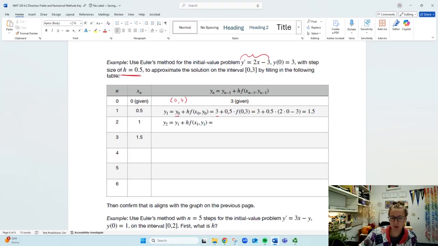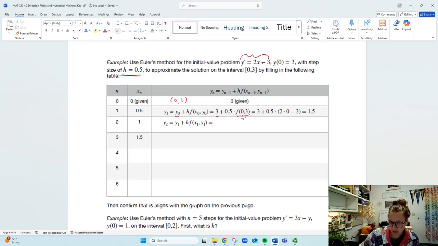I'm going 0.5 away of whatever my f equals when I actually find that. So I'm going 0.5 away, and then when I plug this in, that is actually going to be my y prime. So that is actually my slope. And then this is how far of a distance I'm traveling with that specific slope.